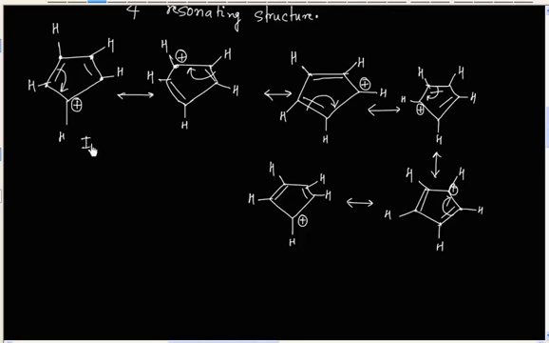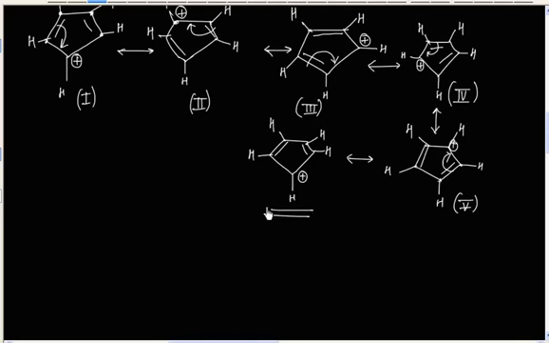So let us call this 1, this is 2, this is 3, this one 4, and this one is 5. Now this resonating structure is same as 1. So in this case we are having 5 resonating structures.